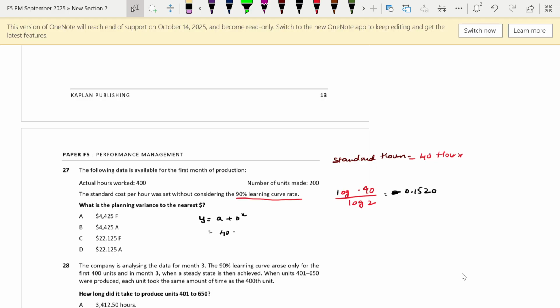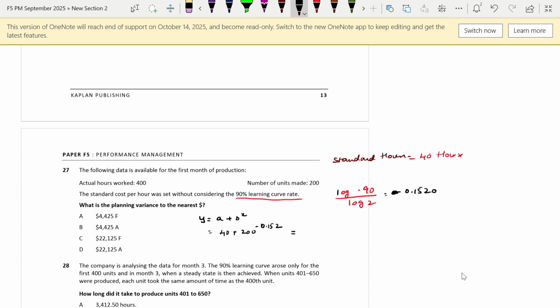A is 40 hours. B is the number of units, 200, to the power of minus 0.152. How much will you get?